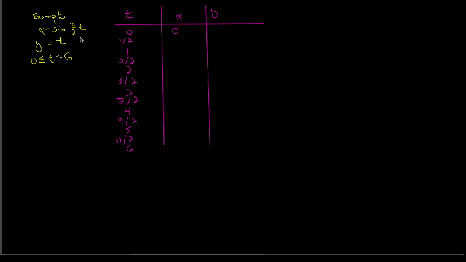If I put 1/2 in, I get pi over 4, and so the sine of pi over 4 is root 2 over 2. If I put 1 in, I get pi over 2, and the sine of pi over 2 is 1. And I notice I'm going to continue around my unit circle, moving by pi over 4 intervals.